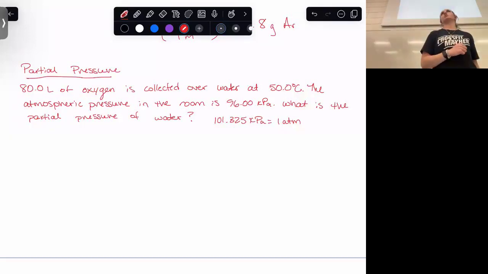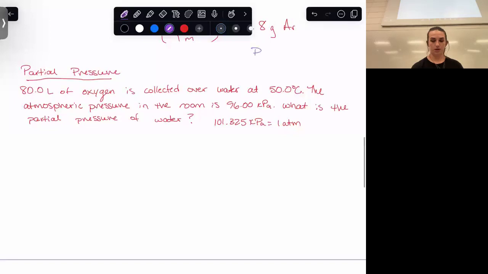Remember we're doing partial pressure. Partial pressure has a specific formula: P initial divided by P total. Close. What is P1 over PT equal to?